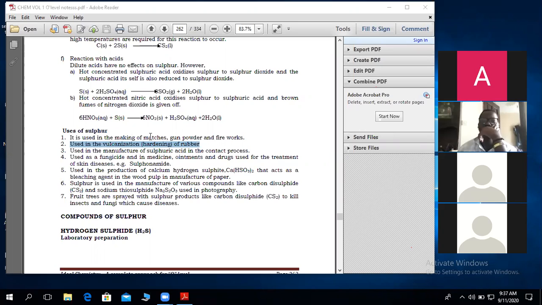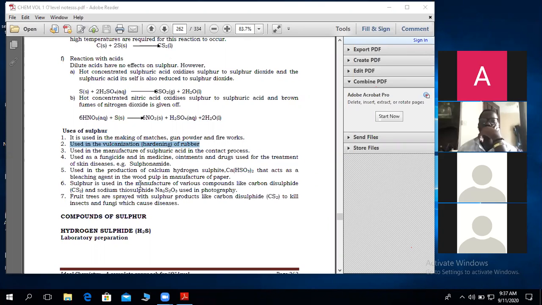It is used in making matches. Here I mean matchsticks and gunpowder and fireworks. You know, when you burn a matchstick, it also explodes. Yes? It is used in manufacture of sulfuric acid. It is used as a fungicide in medicine. It is used in production of calcium hydrogen sulfide.